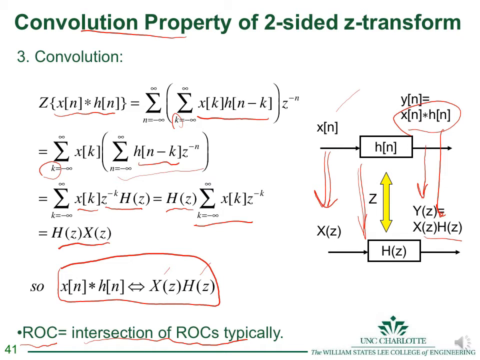There are just two languages describing some process that's being described in an engineering sense. And so in a way, the Z domain and the time domain are just two tools in an engineering sense that allow us to predict what the system will do, whether the system's stable, and so forth.